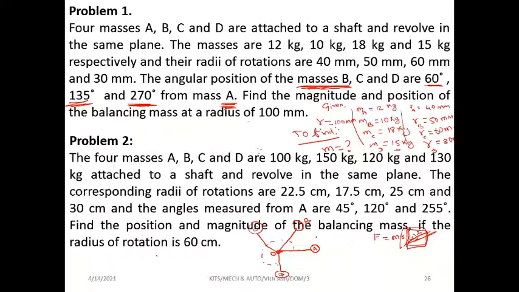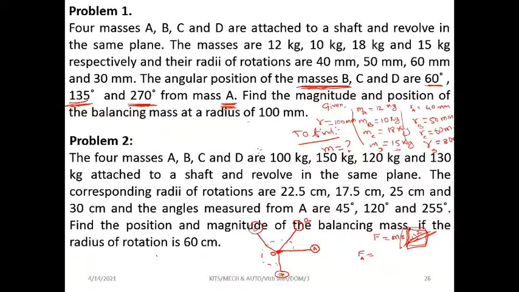So first let us take the first mass, Fa. What is the M value? M value is 12 kg, R value is 40.